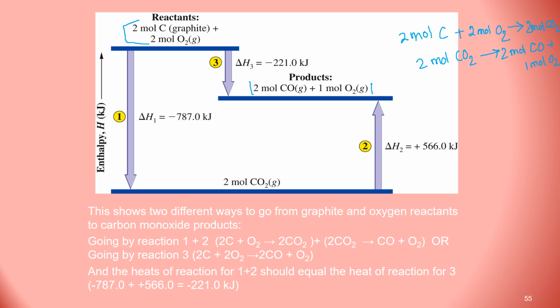Now, if I add these reactions together, the 2 moles of CO2 will cancel, and I'll have 2 moles of C plus 2 moles of O2 to give me 2 moles of CO plus 1 mole of O2, which is the reaction I'm looking for. So if we take the delta H for reaction 1, plus the delta H for reaction 2, we get the overall delta H. The delta H for the overall reaction that we're looking for is the sum of the other 2.